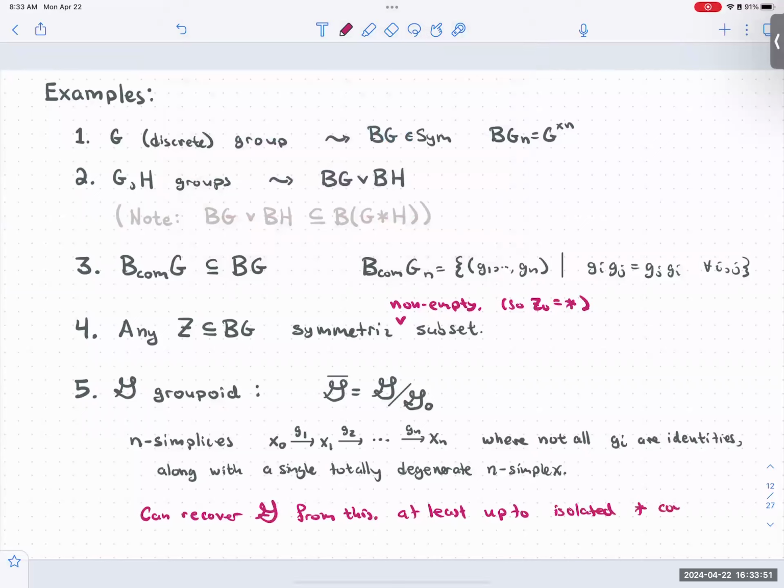Those become invisible, right? If I have a component sitting out there with only an identity morphism, I can't tell whether I ever had it or not. But otherwise, I can recover the original groupoid.